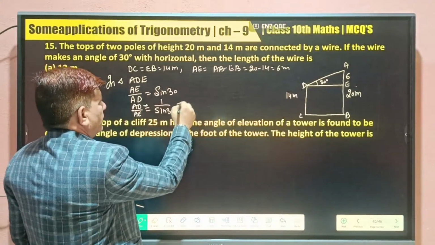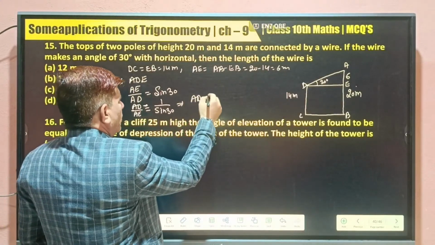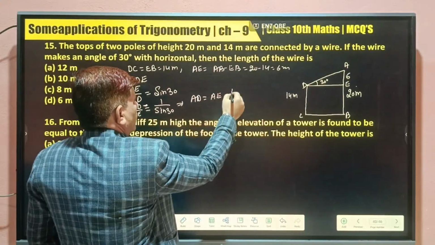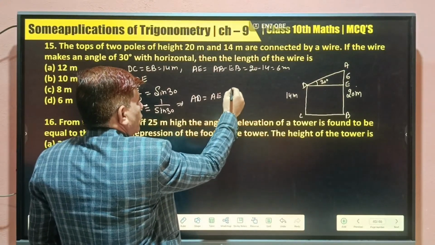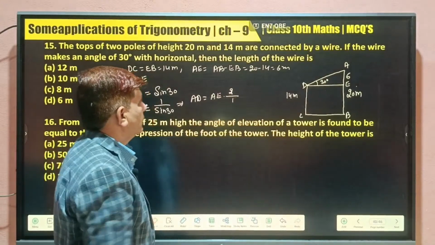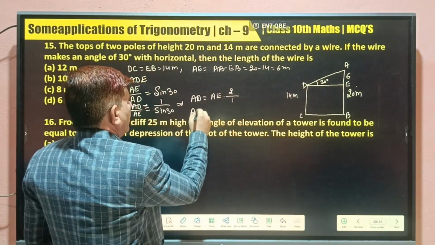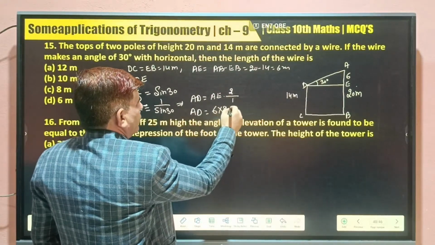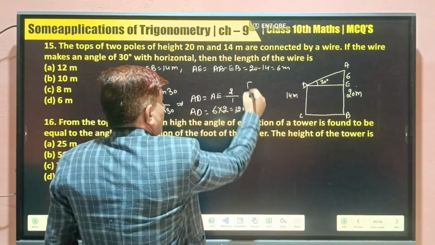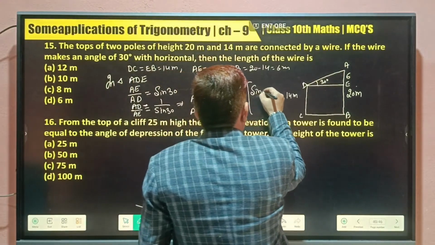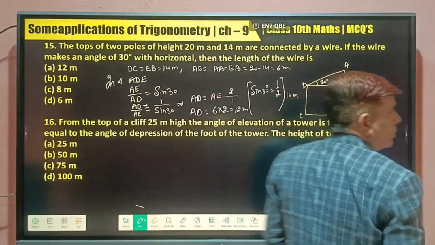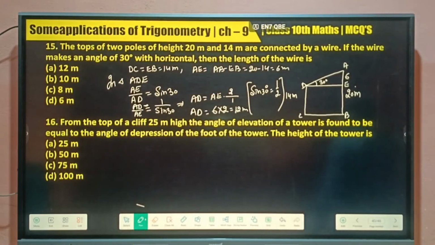What's its meaning? AD equal to AE into 1 by sin 30, meaning 1 by 1 by 2, 2 going upside. So what's your AD? AD equal to AE, 6 meter into 2 is equal to 12 meter. Reason: sin 30 degree equal to 1 by 2. Got it?